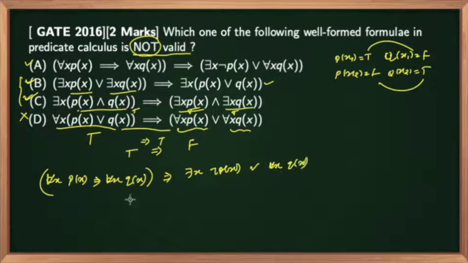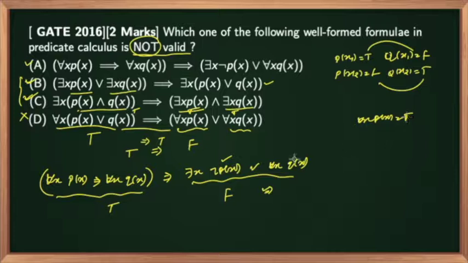So if I want to make this invalid, I need a truth assignment such that true implies false. So let's assume the right hand side is false. That means there exists not P of x is false, that means for all x P of x is equal to true, right?